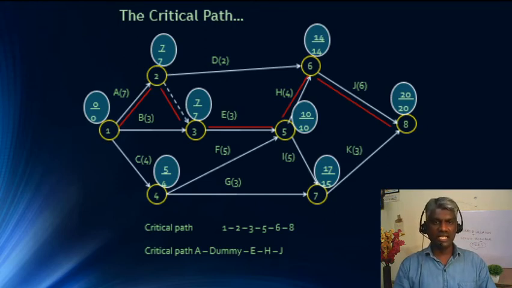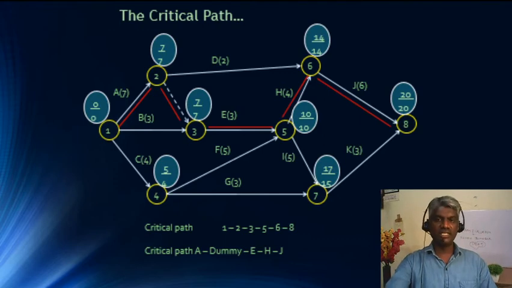So which are the critical activities? A, dummy, E, H, J. A, dummy, E, H, J is the critical path, and it can also be denoted in terms of nodes 1, 2, 3, 5, 6, 8. So our third question is also over. We have found the critical path.